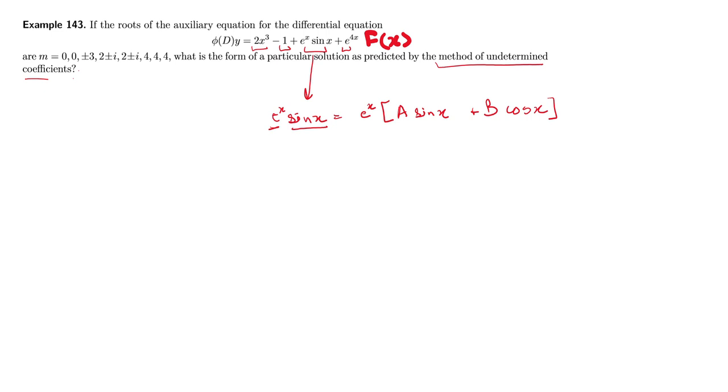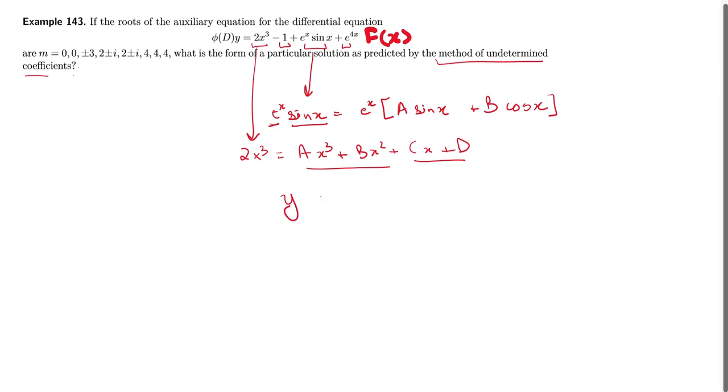Anyways, we cannot assume, like if we had 2x cubed, that I can just assume the form of the solution to be this, because some of these solutions might already be included in the homogeneous equation, because the general solution is particular plus homogeneous.